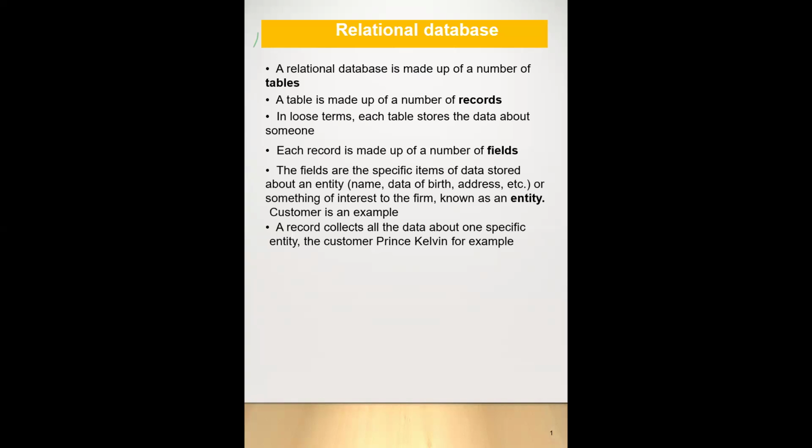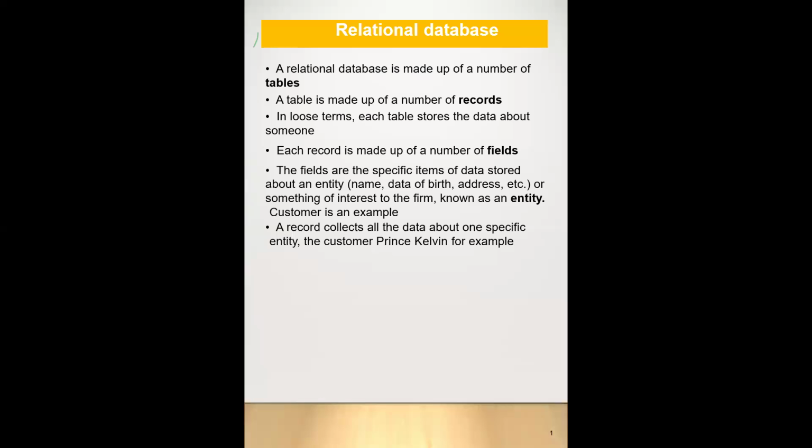And then when we combine records, it becomes a table or a file. And then when we combine several files or several tables, it becomes what we call what? Database. So this is the hierarchy I've explained. When we go further, we will see that in the right.